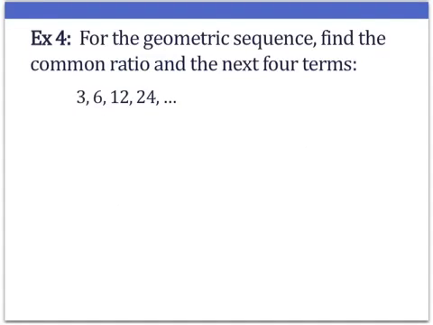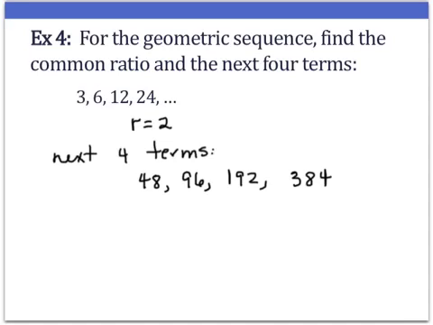Example 4. For the geometric sequence below, we want to find the common ratio. I'm going to have you pause this video and try this one yourself, and then come back and check the answer. Okay, we would get a ratio of 2, as we're multiplying by 2 to get from 3 to 6, and then from 6 to 12.